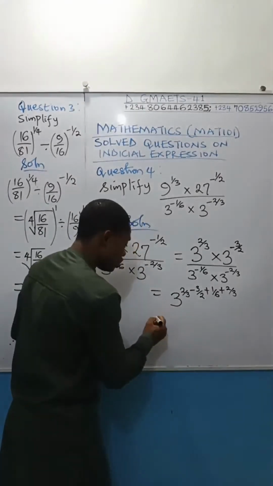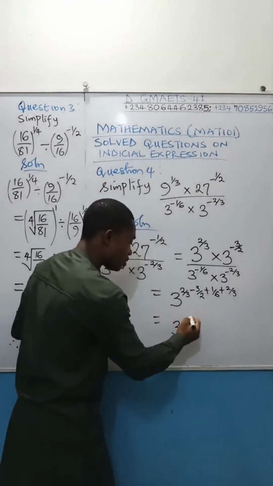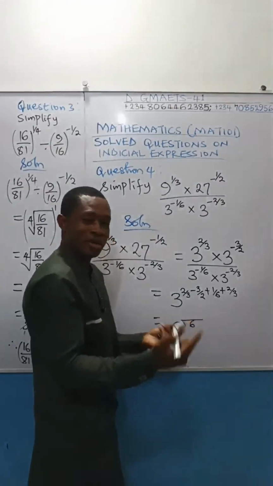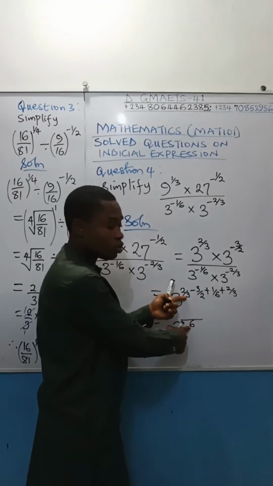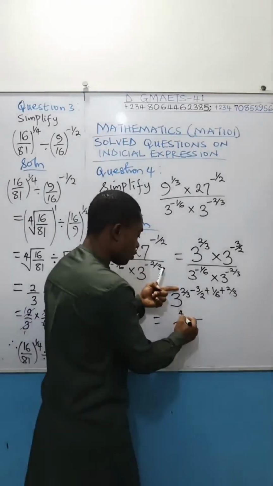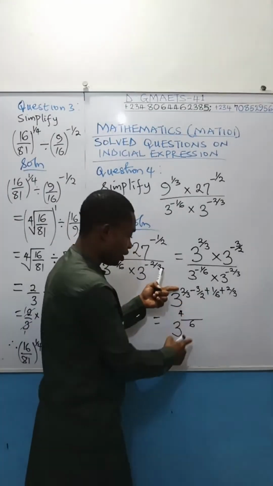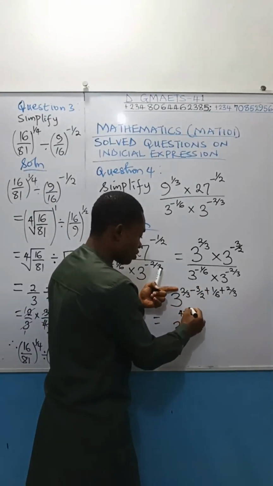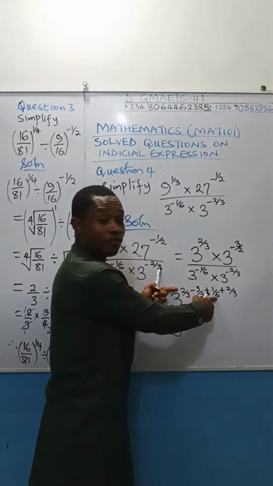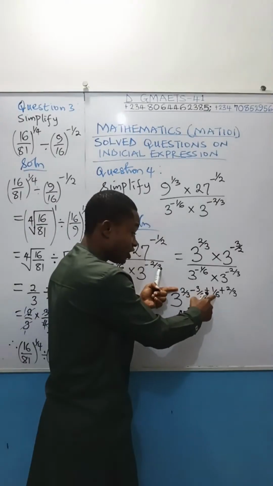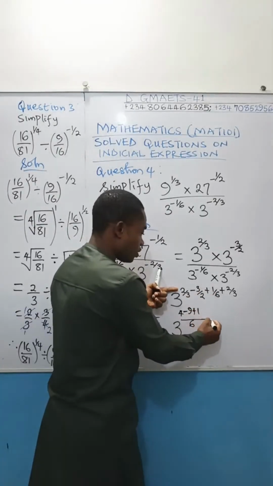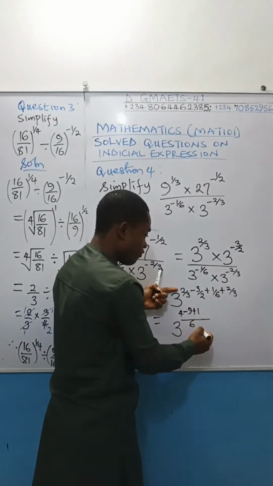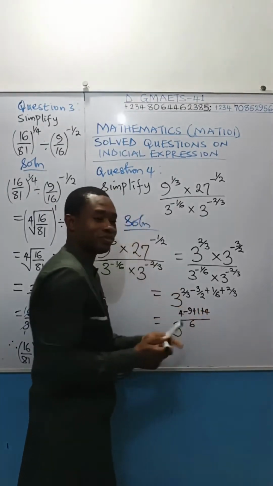Therefore, the LCM is going to be the bigger number, 6. So 3 raised to power, you now have your 6. 6 divided by 3 gives 2, 2 times 2 gives 4. 6 divided by 2 gives 3, 3 times 3 gives 9. Already you have minus here, so you write minus 9. 6 divided by 6 gives 1, 1 times 1 gives 1. And before this fraction, you have plus here. 6 divided by 3 gives 2, 2 times 2 gives 4. So this is plus 4.